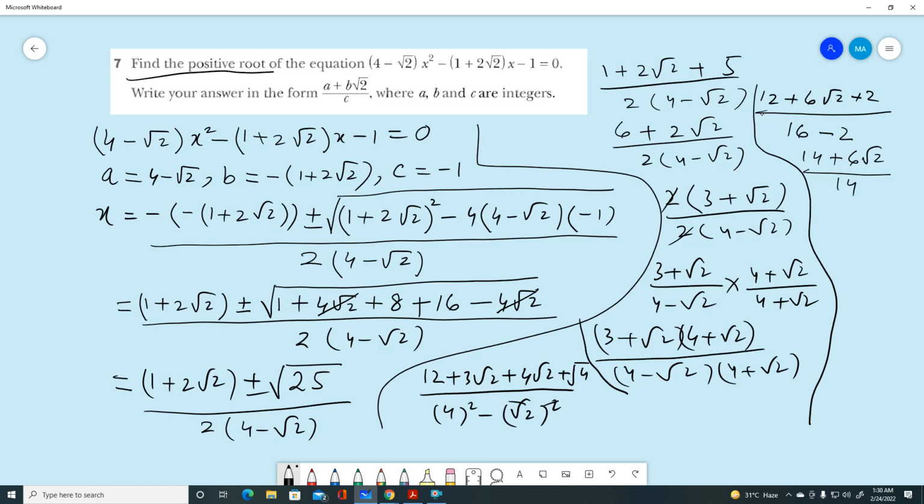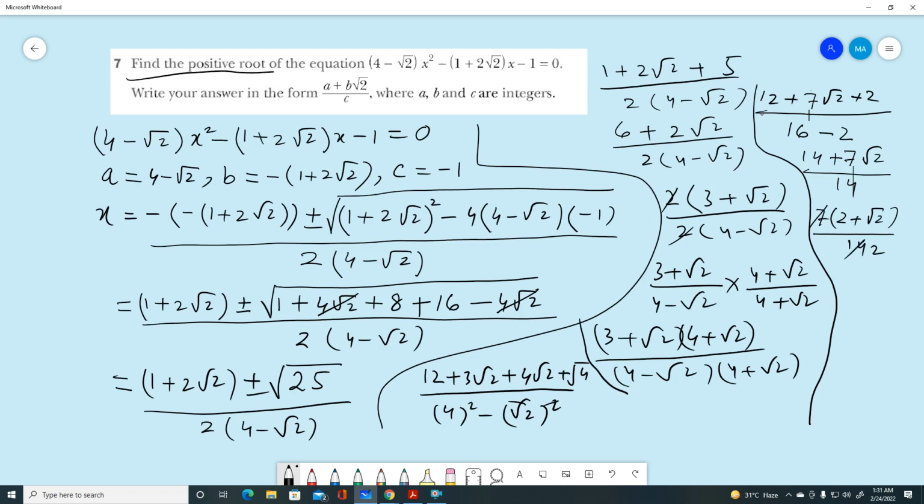And one mistake: 3 root 2 and 4 root 2 is not 6 root 2. It is 7 root 2. Sorry, it is 7 root 2. So taking 7 common: 7 twos are 14, plus 7 is outside, root 2 upon 14. 7 twos are 14.